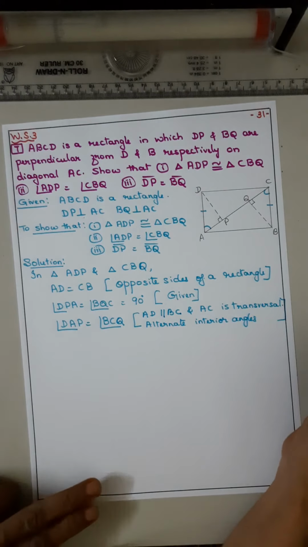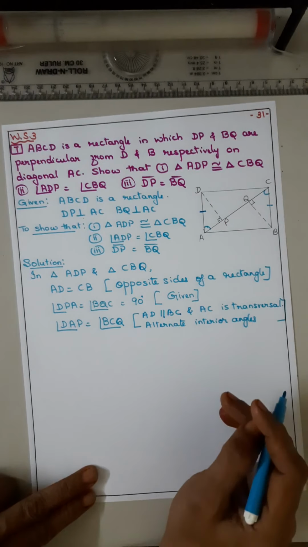So it is side, angle, angle, or angle, side. Three consecutive parts should be equal.